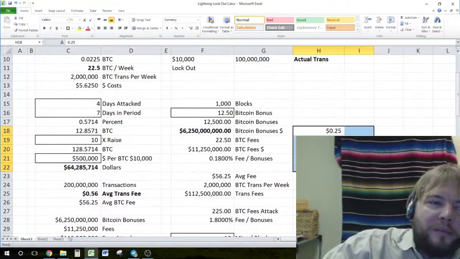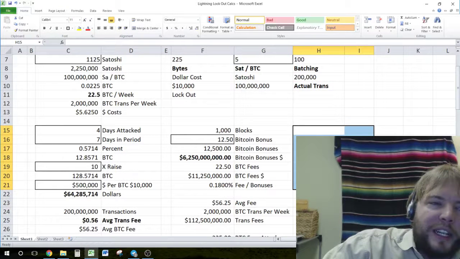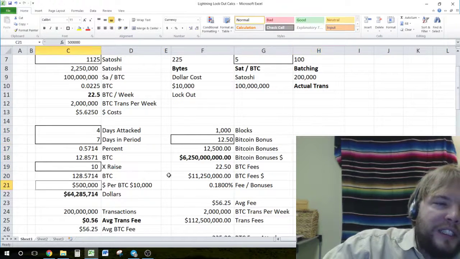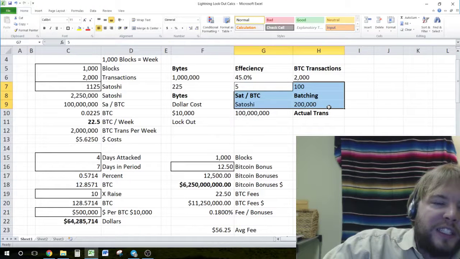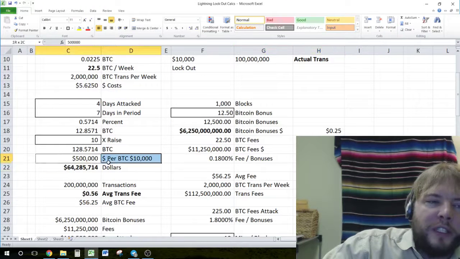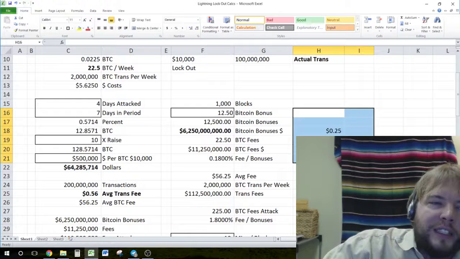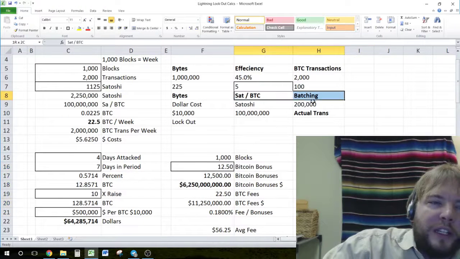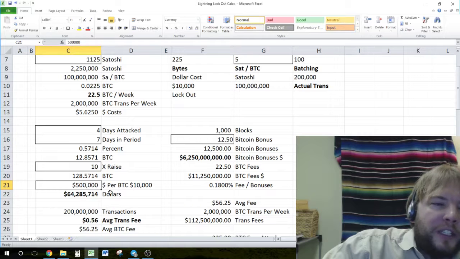Block size would be fine. That doesn't really change the attack vector of the spammer. So yeah, either raising the value and the batching of transactions is one way to defeat the spammer. Block size is another way to defeat the spammer. But also keep in mind the real thing you're trying to defeat is the price of Bitcoin.